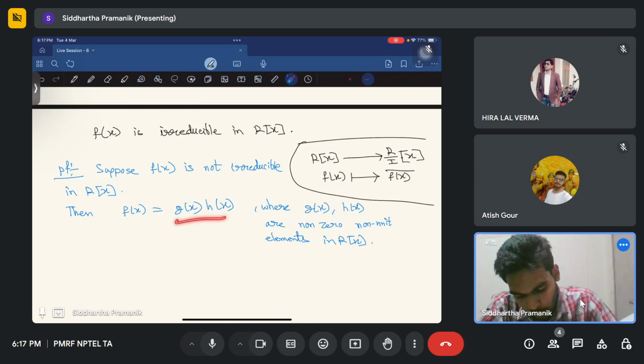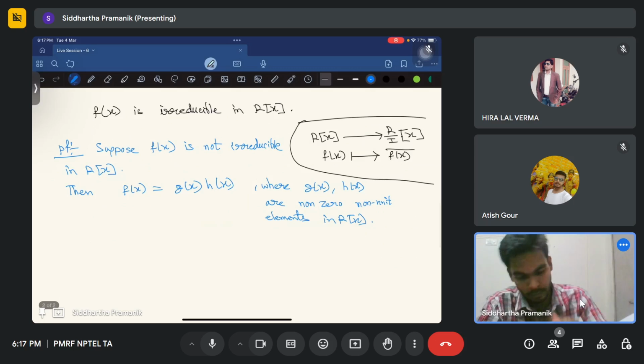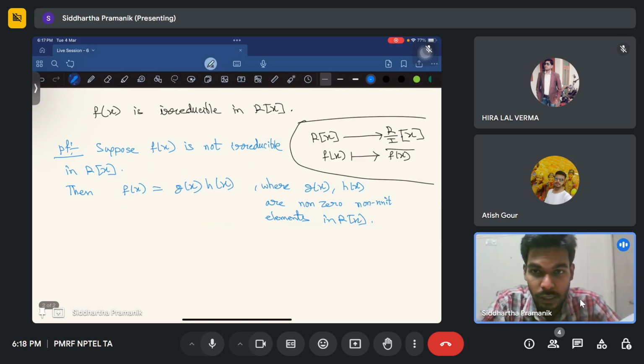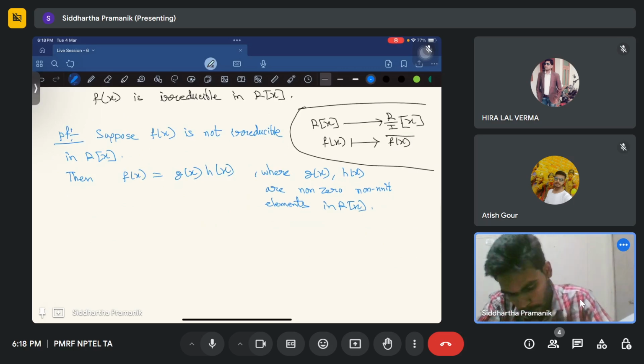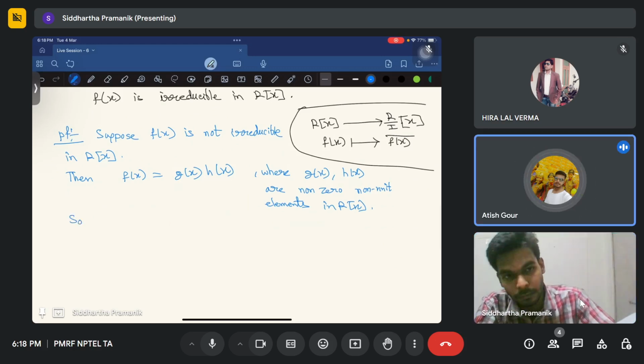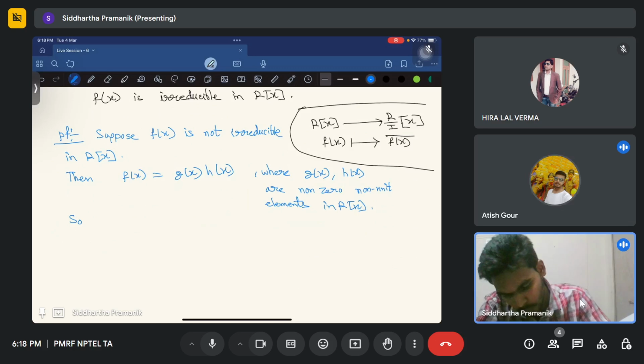So what can you say about the degrees of g(x) and h(x)? The degrees of h(x) and g(x) would be less than the degree of f(x).